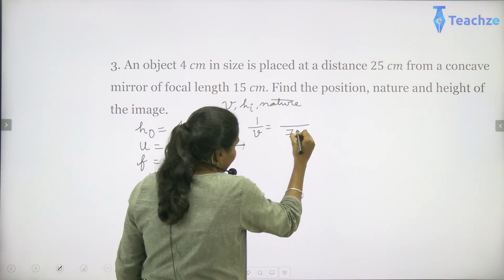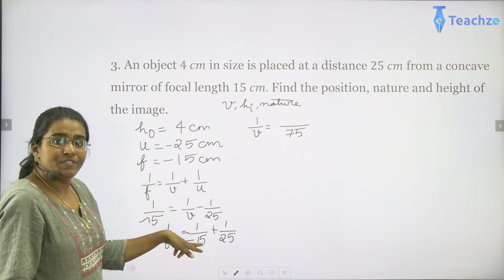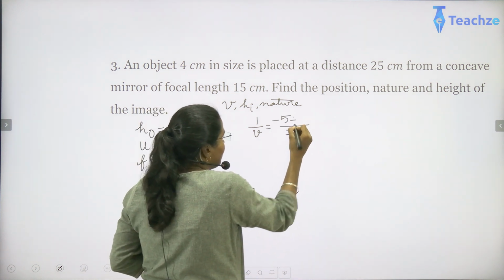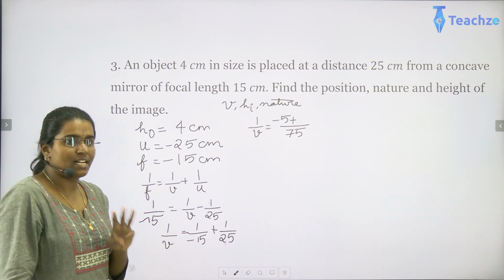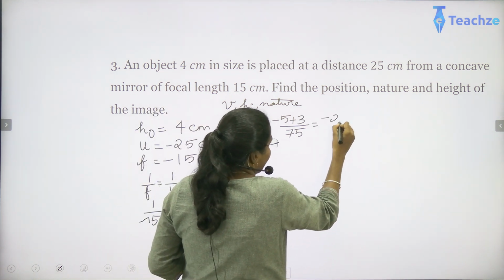So if I take 75 as my LCM, this will be minus 5 (15 fives are 75) plus 3 (25 threes are 75). So it will be minus 2 by 75.